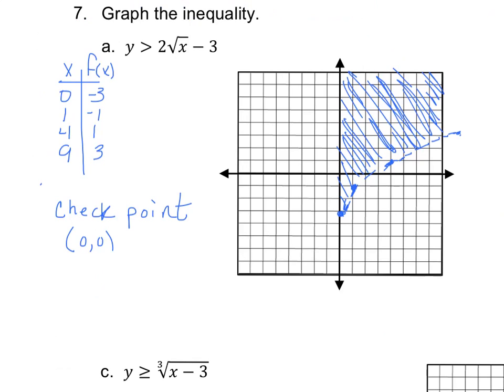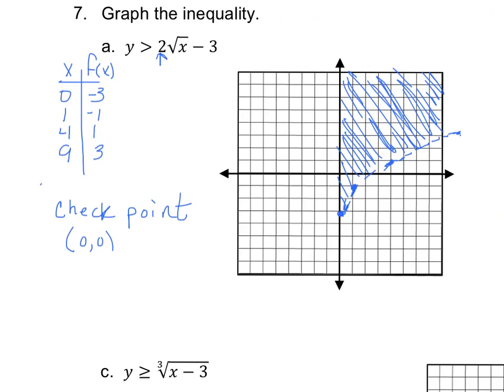When we look at number 7a, y is greater than 2 square roots of x minus 3, we can first plot a few points. We can see that we've got a stretch by a factor of 2, and then it shifts down by 3 units. And because it's greater than but not equal to that, we want the dashed line for that curve. And then we want all y values that are greater than that curve, so we shade everything above it.